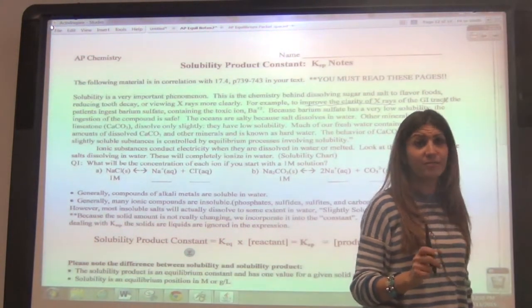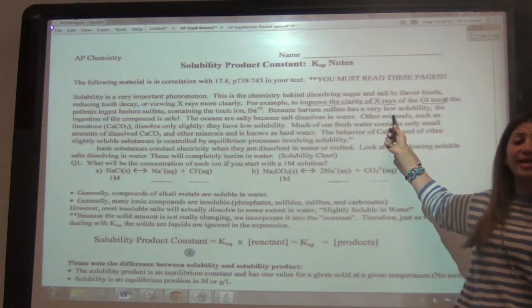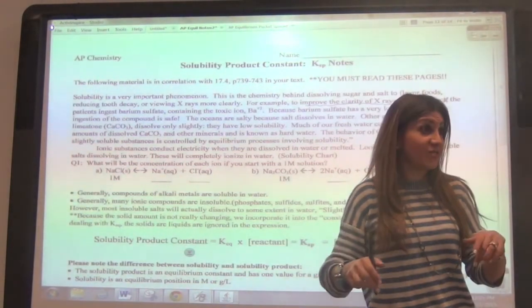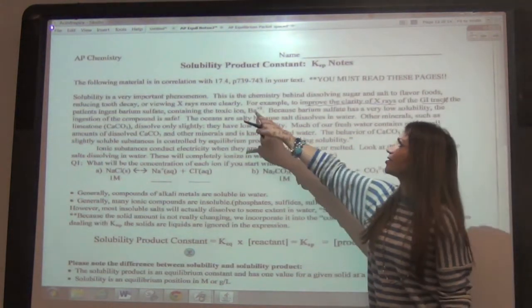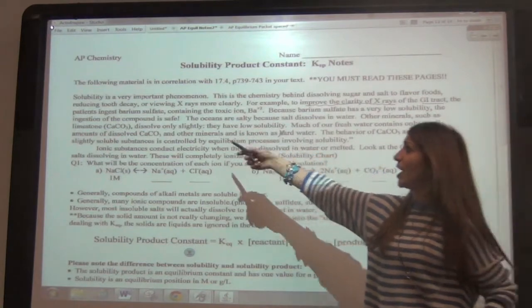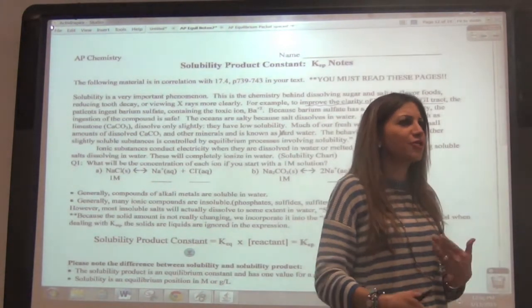It would kill us. But barium sulfate has a very low solubility, which means a lot of it is not dissolving. It's not breaking up into ions, okay? So because of that, we're not so worried about that barium ion, and it makes it safe so that we can ingest it, and then they can highlight our GI tract if there's some issue that's going on.